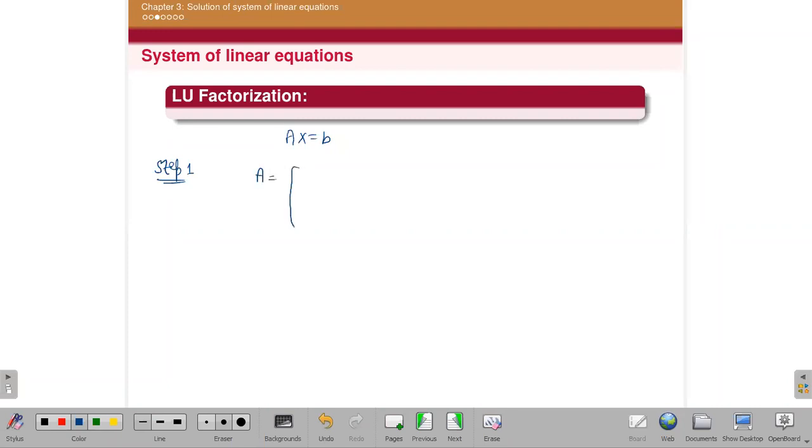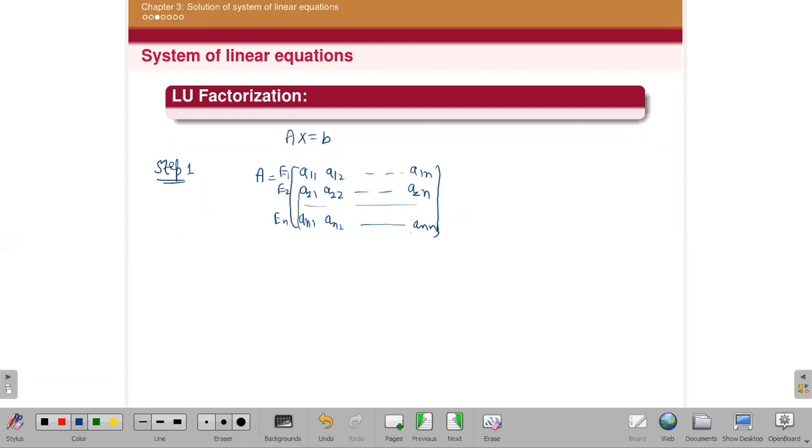So just write A, that is A11, A12, A1N, then A21, A22, A2N, then AN1, AN2, and so on up to ANN. So this is your first row, then second row, then nth row.